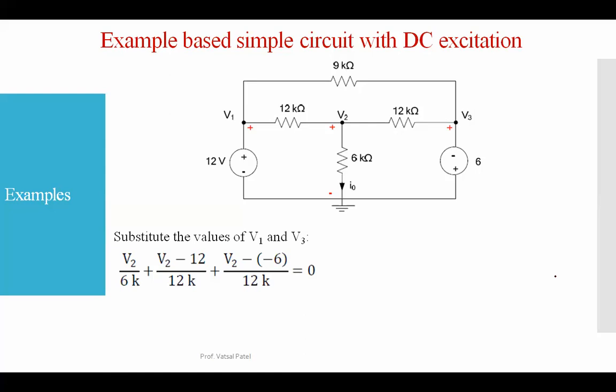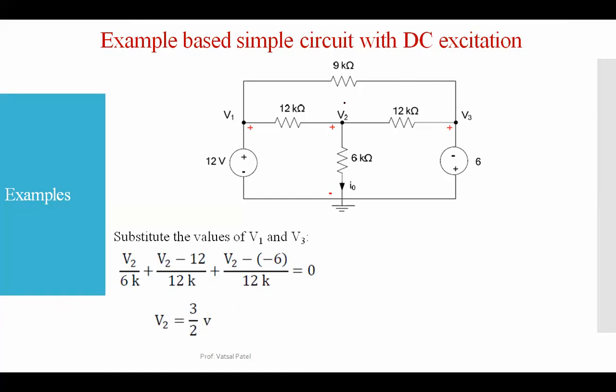Can you tell me what is the value of V2? See, all the resistance values are given here in terms of kilo ohm. See, the V2 value we are getting here is 1.5 volt.